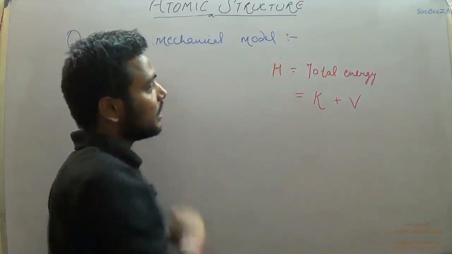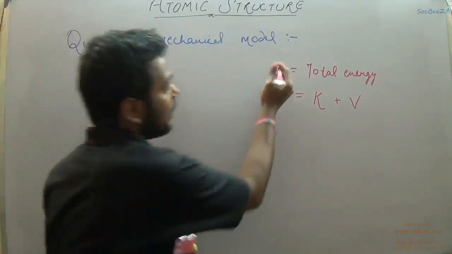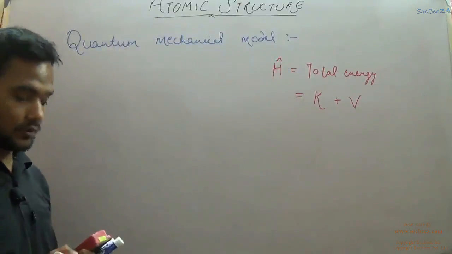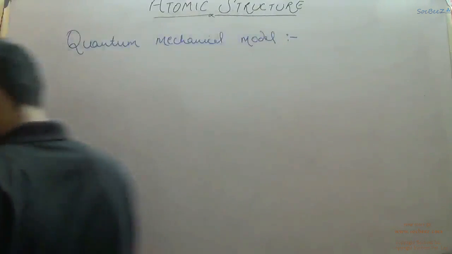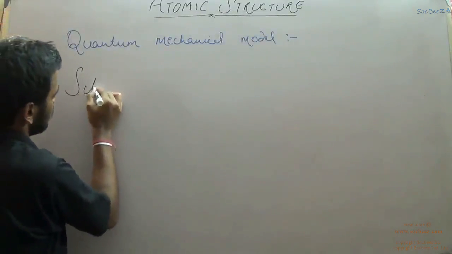Okay, H is Hamiltonian, and this H cap is the Hamiltonian operator. Okay, so this Schrödinger equation looks something like this.